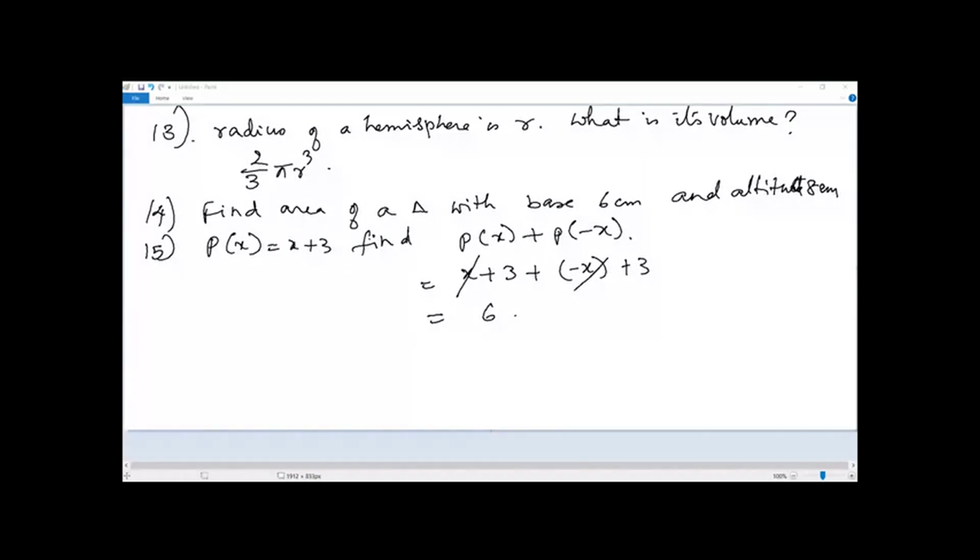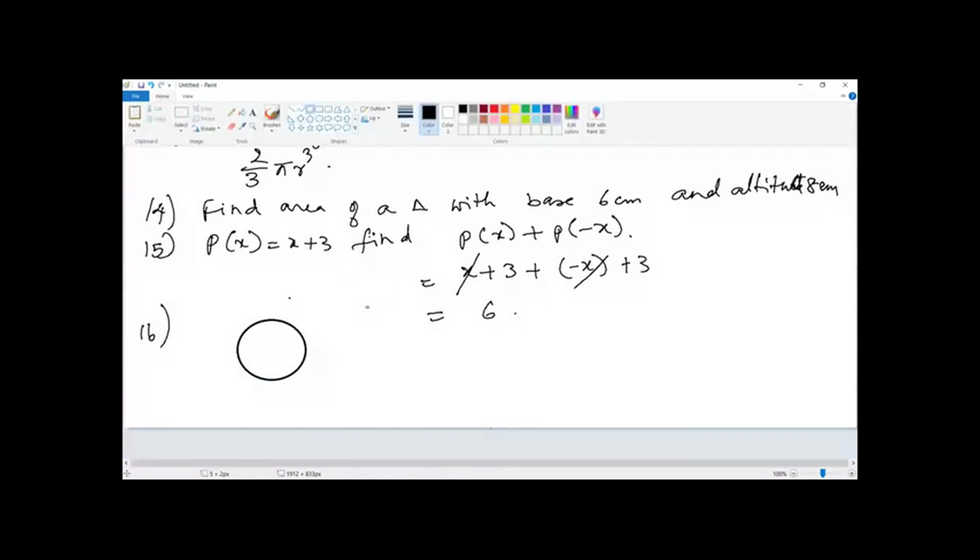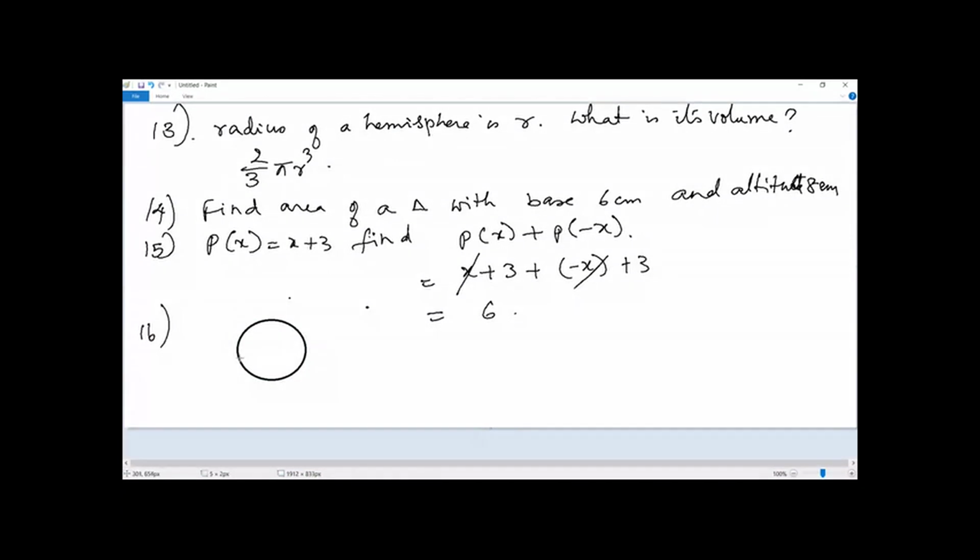Next question. Question number 16. There is a figure. Then this is a line here. This is the center.